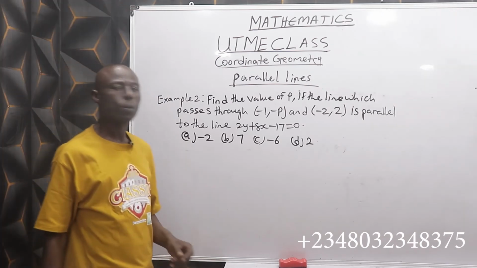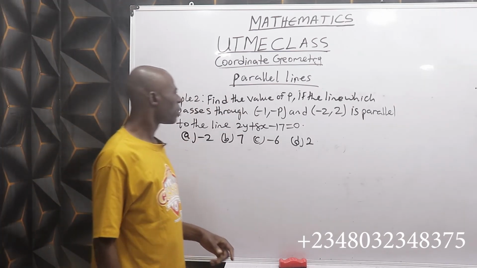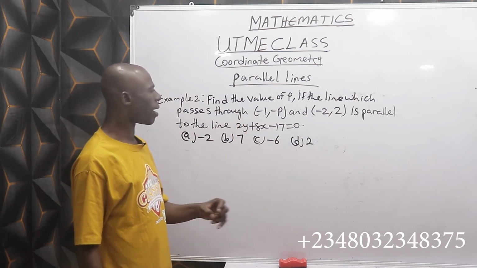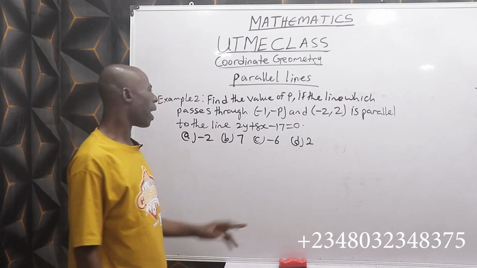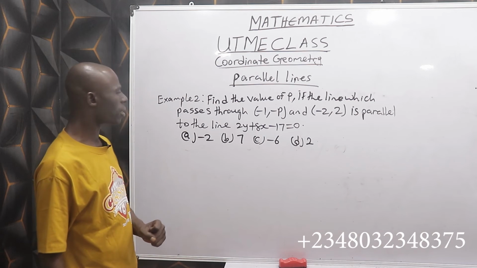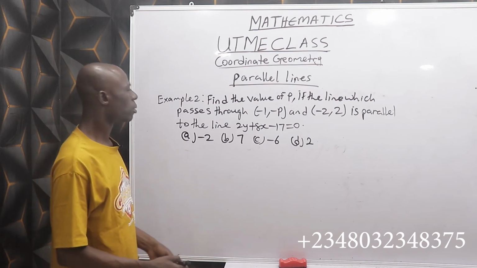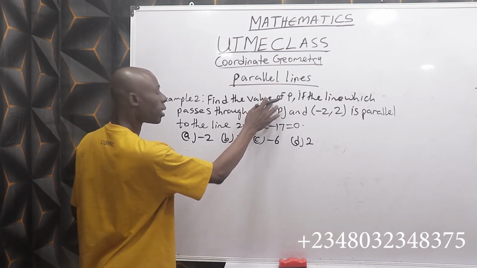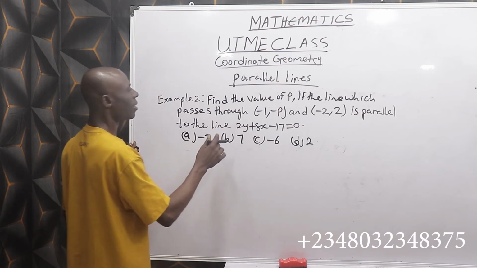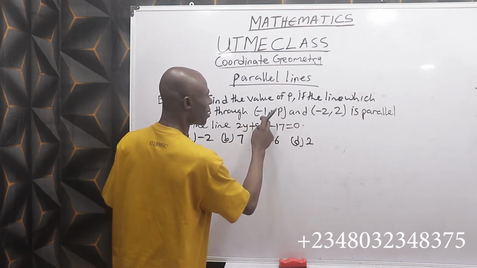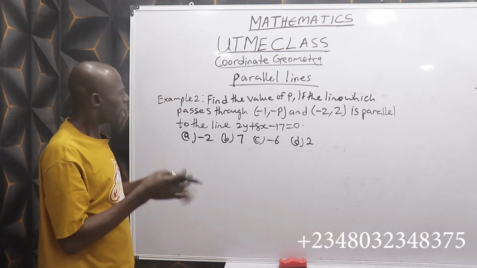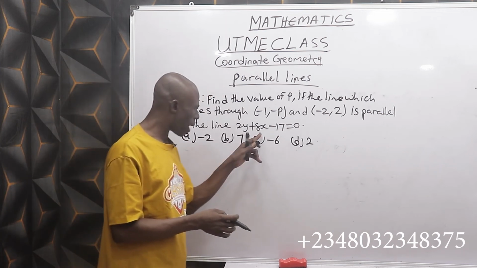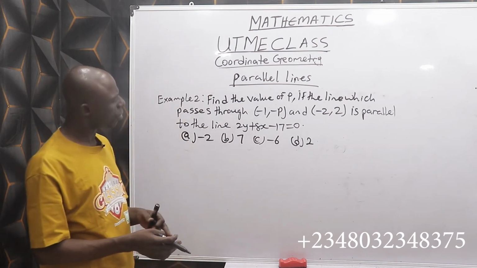Let's consider example 2. Find the value of p if the line which passes through minus 1 comma minus p and minus 2 comma 2 is parallel to the line 2y plus 8x minus 17 equals 0. What we do is find the value of p, knowing that the line that passes through these 2 points is parallel to this line.